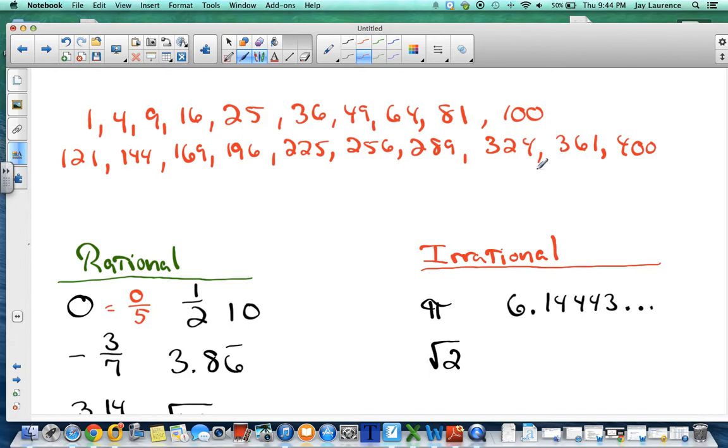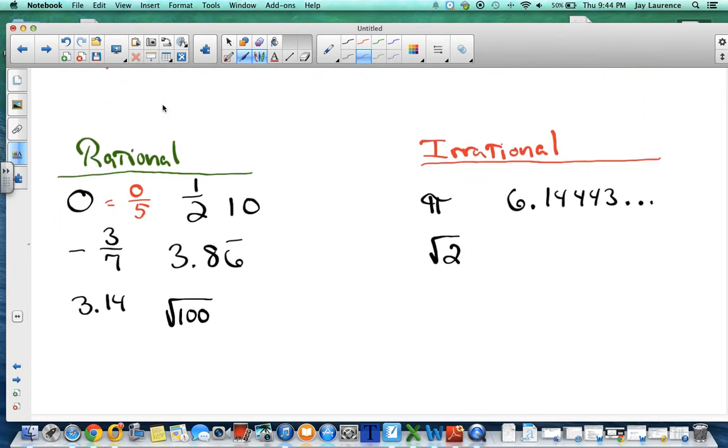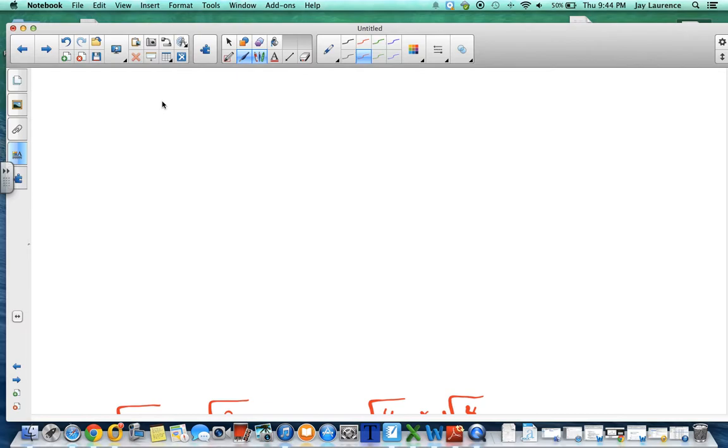Those are the first 20 positive perfect squares. I guess I could have included 0 in there. All right, so there's rational and irrational numbers.